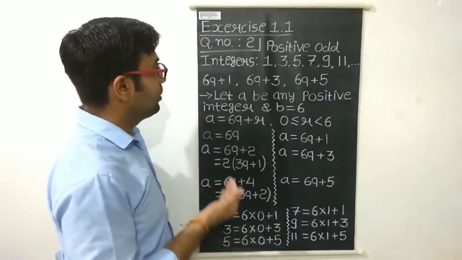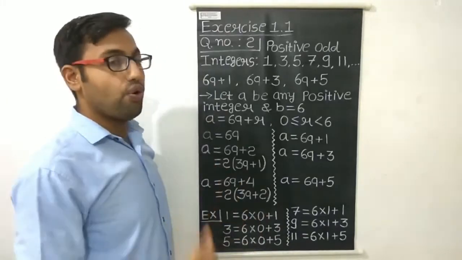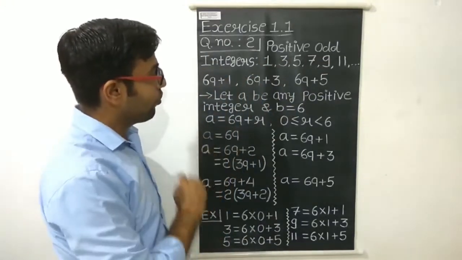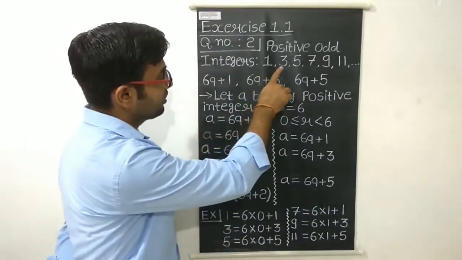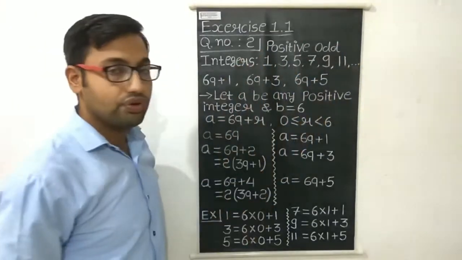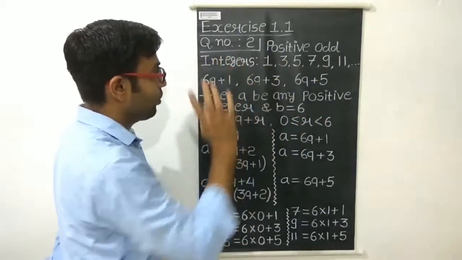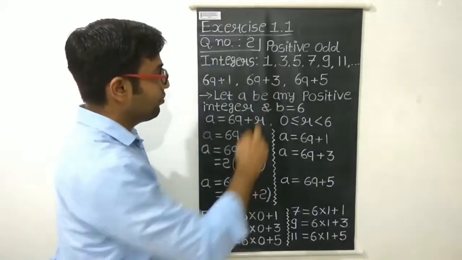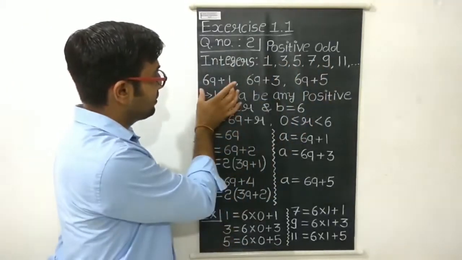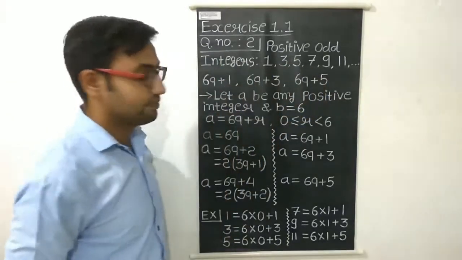So what are the positive odd integers? Positive odd integers are 1, 3, 5, 7, 9, 11 up to infinity, but only odd integers. Now we have to represent all these numbers in either this form or this or this.